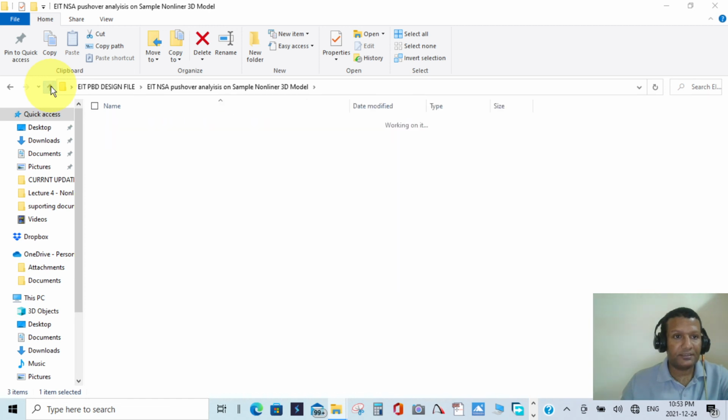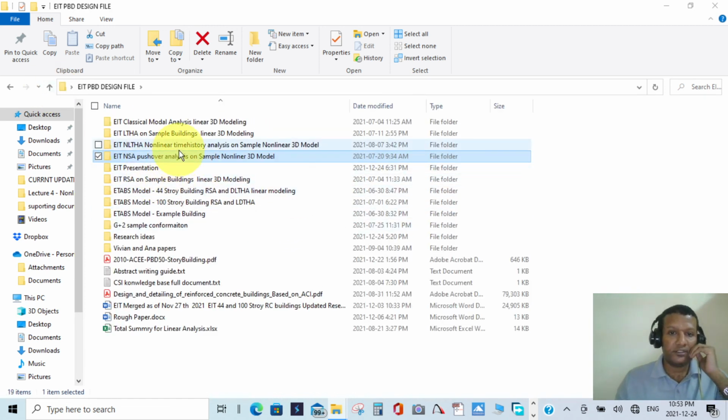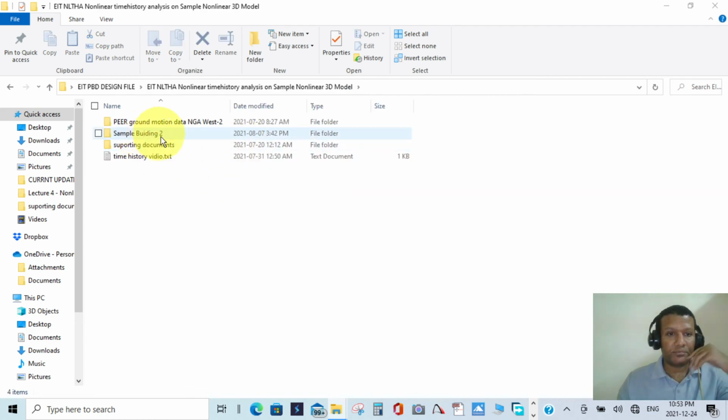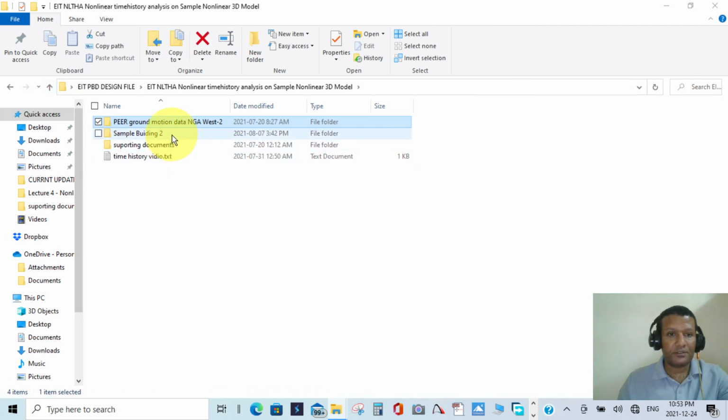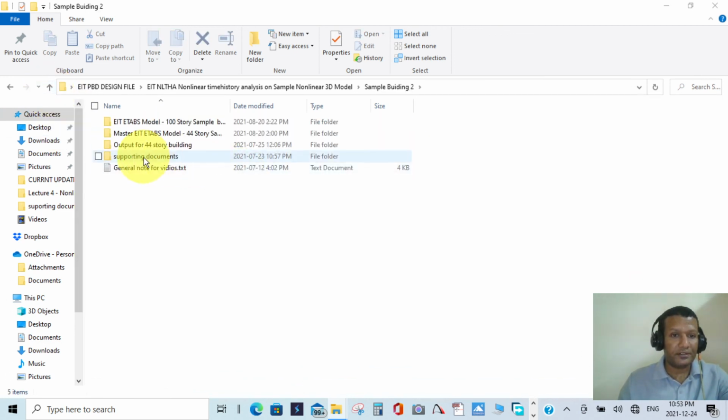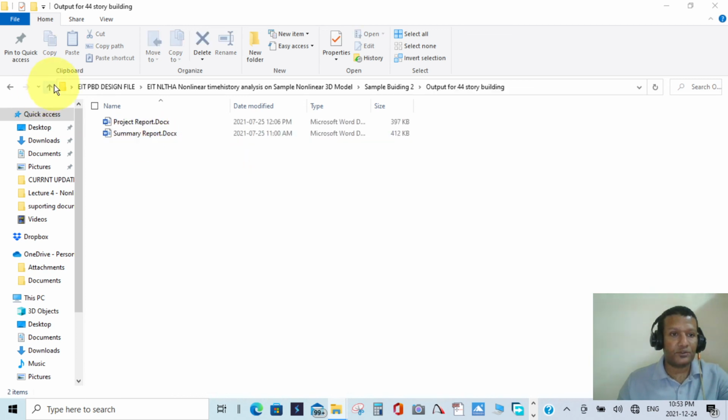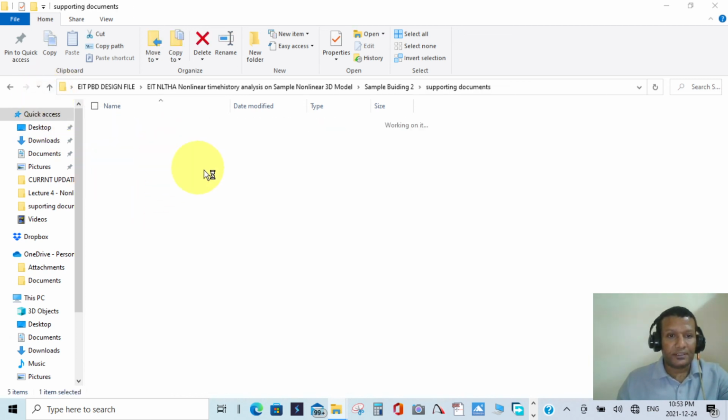pushover analysis, and the same thing is true. Just to finalize, nonlinear time history analysis was also performed, and the ground motion, everything is the same, and the building types, 100 story and 44 story, were done.